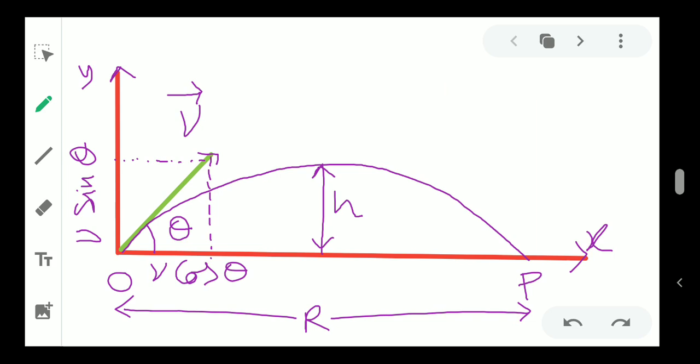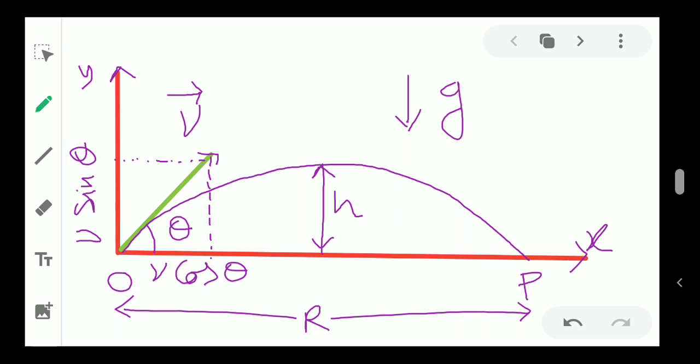You know that the missile goes up till this point and then comes down again. Why? That means something is pulling it downward, and downward we know that only gravity is working. So in the vertical motion we have acceleration g.